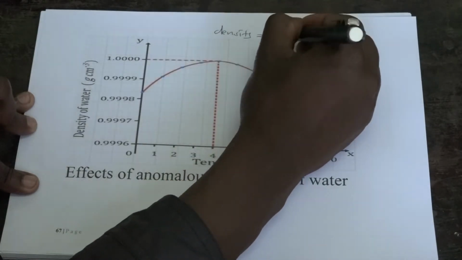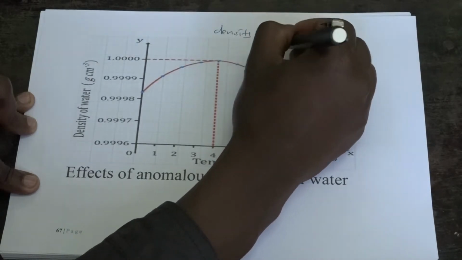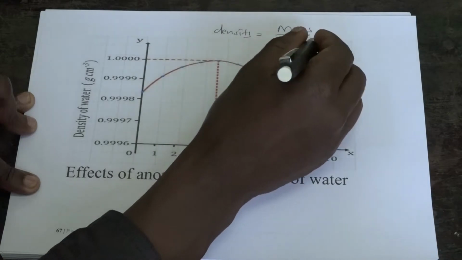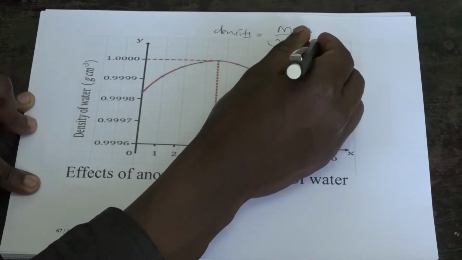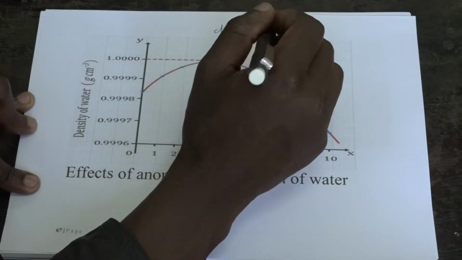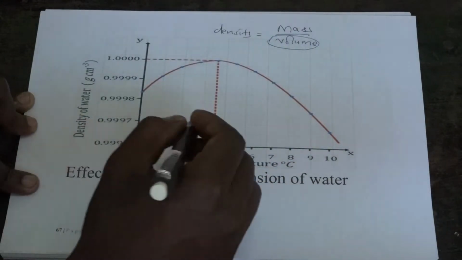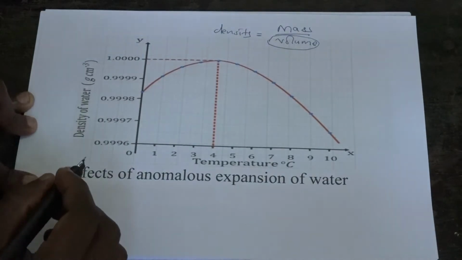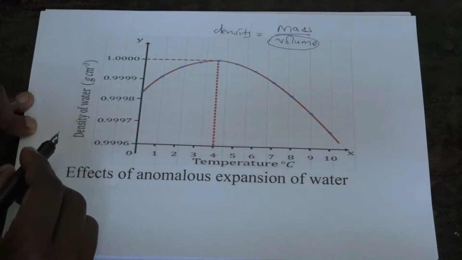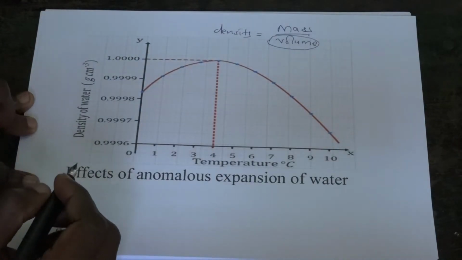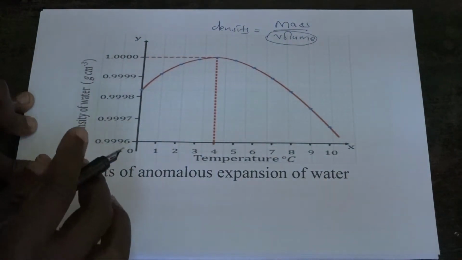Whenever the volume is lowest, when we have the least volume, that is the point where we have the highest density. That is why at the 4th degree, the density of the water is maximum, that is 1 gram per cubic centimeter or 1000 kilogram per cubic meter.